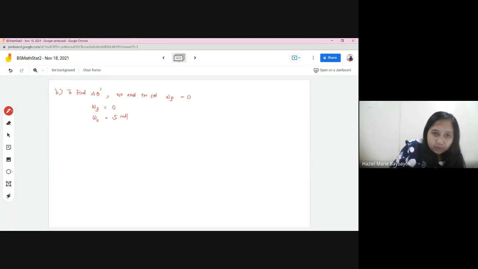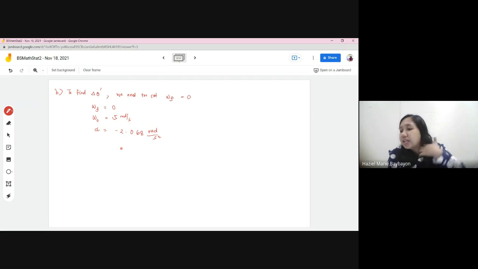And then we also have the angular acceleration, which is equal to negative 2.068 radians per second squared. We obtained this in the previous slide. Okay.